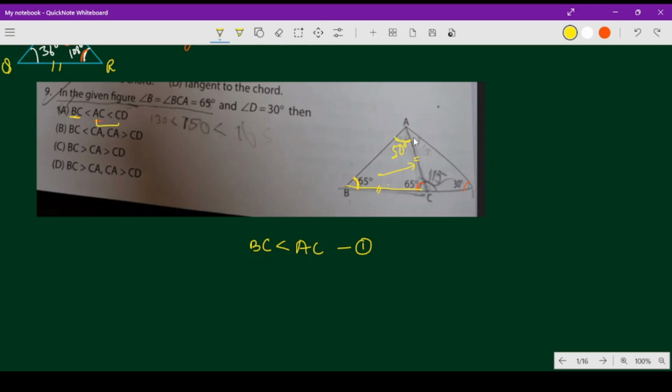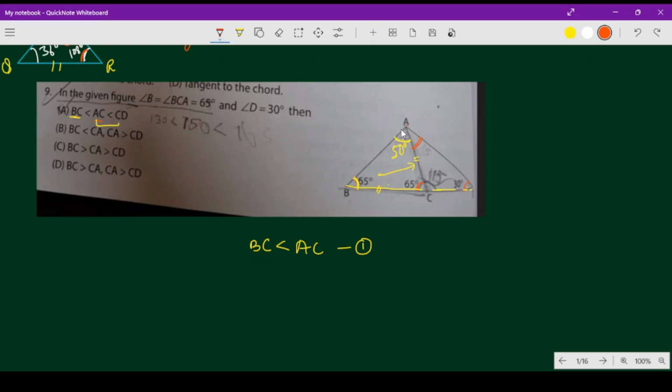Once again, if we look at the picture, this is AC, which is opposite of angle D, and this is CD, which is opposite of angle A. Now we have to figure out what this angle is, so again we need the angle sum property of a triangle.